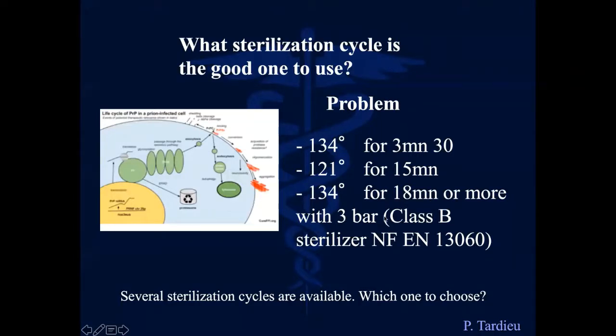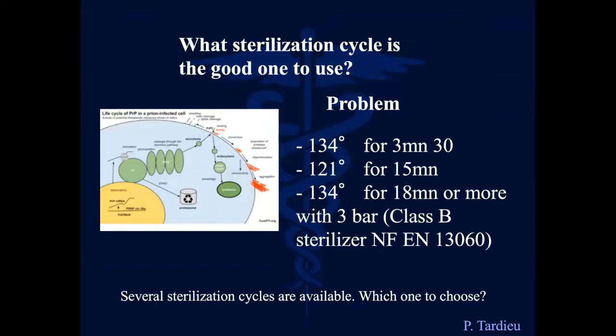So not only do you have the temperature, but you have the pressure, okay? All this is automatically available in all Class B sterilizers. When you buy a sterilizer, buy a Class B sterilizer because you have the pressure included along with the temperature and the time. So you have 4 things which determine if your instruments are sterile or not sterile.